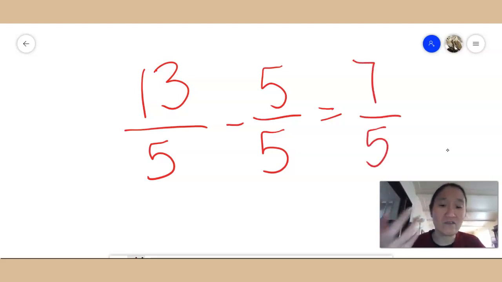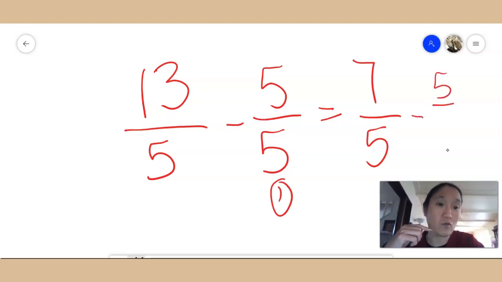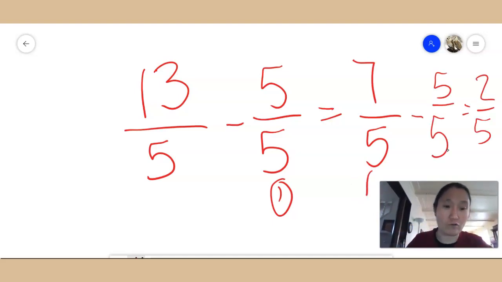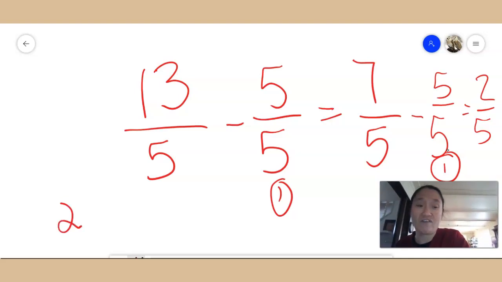Well, I know that 7 fifths is still improper. So I have 1 here, and I can still take another 5 fifths away. So that would leave me 2 fifths. Or excuse me, I wrote that under the wrong one. So there's 2 right here. I've already taken away 2 groups of 5 fifths, leaving me with 2 and 2 fifths.